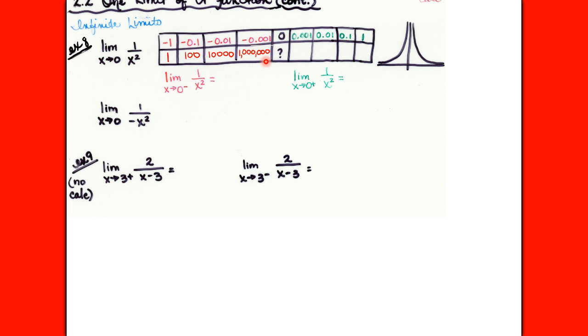So I can get the idea that if I would come over here and say -0.00001, then I would have a tremendously large number down here, right? So that number is just going to keep getting bigger and bigger and bigger and bigger. And so we would say that that's getting infinitely larger without bound, and we can represent that as infinity.